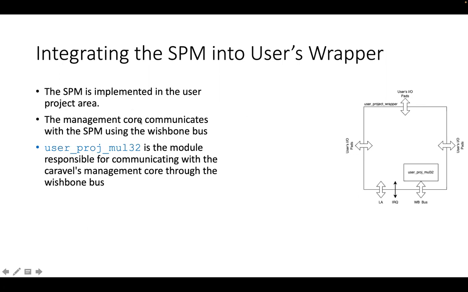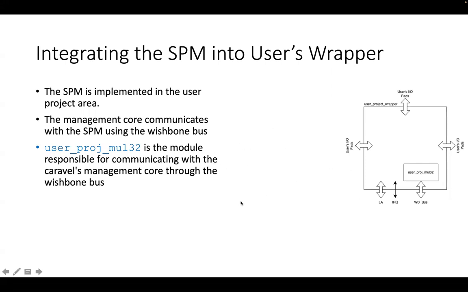The management core will communicate with the SPM using the wishbone bus. Of course, there are other means of communication, such as the logic analyzer signals. But for the sake of this workshop, we have done the communication between our SPM and the management core using the wishbone bus, and the wishbone communication will be explained thoroughly in this workshop.